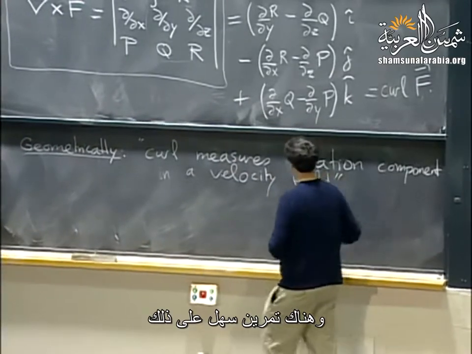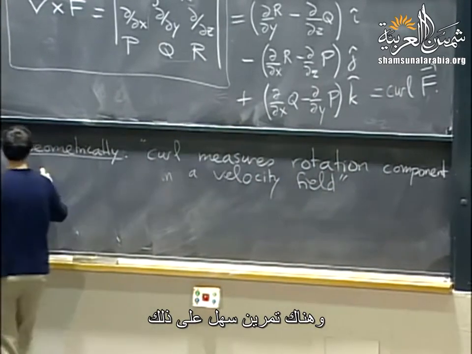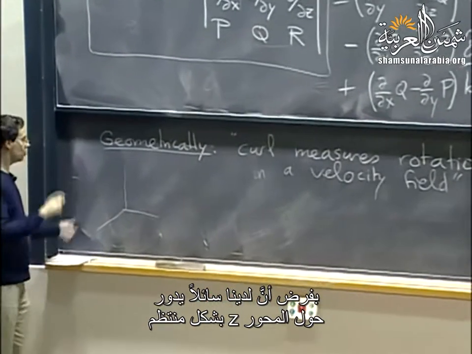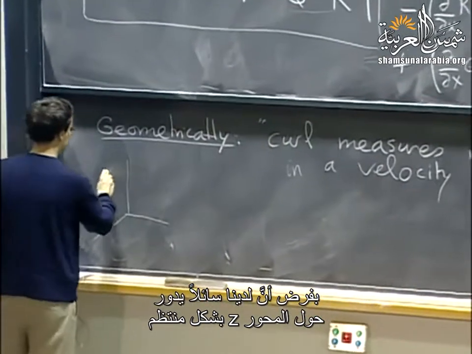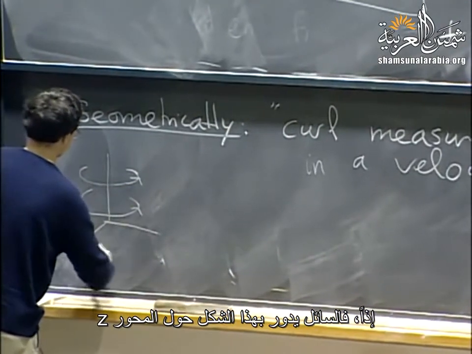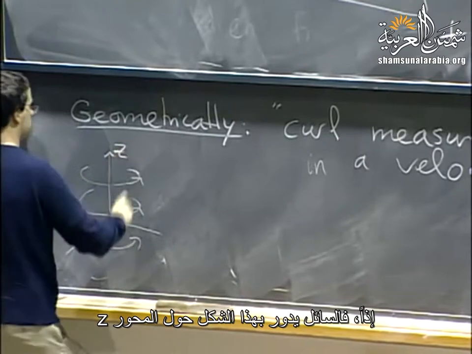So an exercise that you can do, it's actually pretty easy to check. Say that we have a fluid that's just rotating about the z-axis uniformly. Okay, so your fluid is just rotating like that about the z-axis.